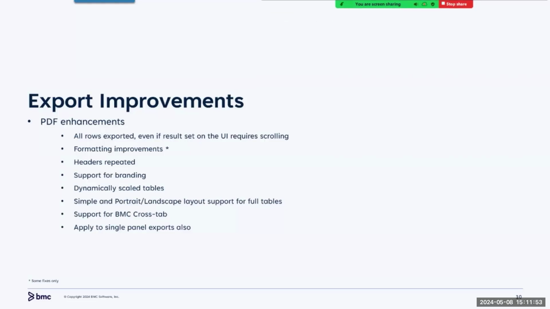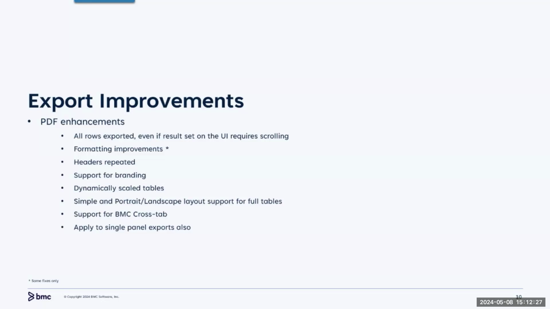For example, there may be one panel in which the data extends to several rows that cannot be accommodated on the screen. You will use the scroll bar to scroll down. Now you can expect the same behavior when you export that report to PDF. If it spans multiple pages, the PDF will also span multiple pages so that all rows will be visible in the exported report.